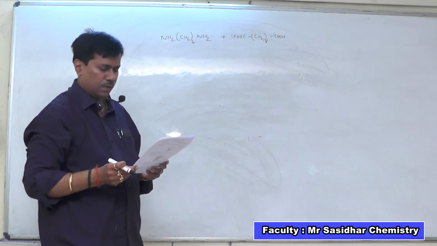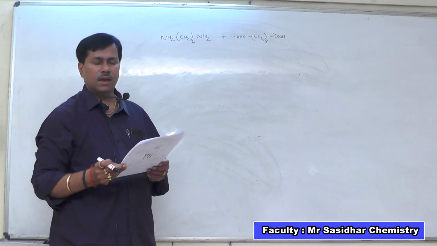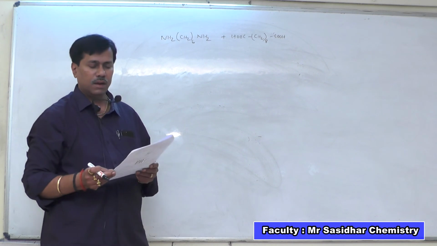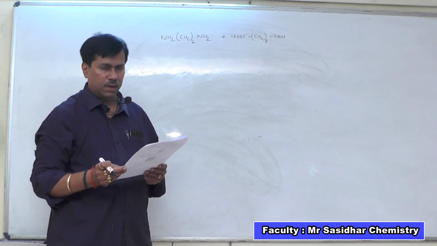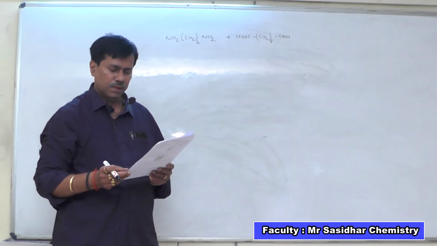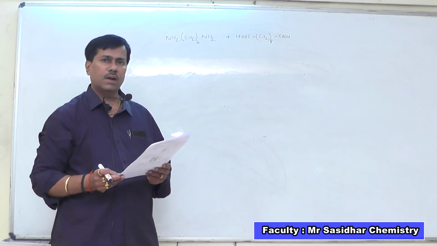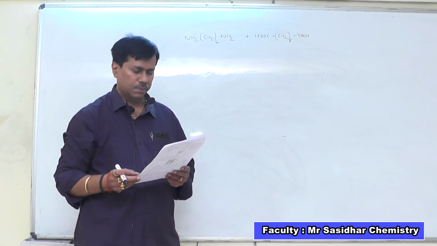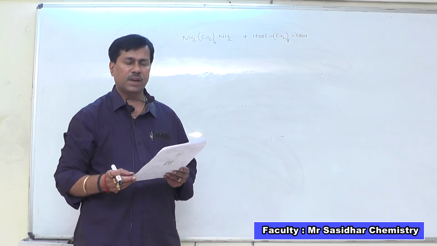So the monomers are hexamethylene diamine and decanedioic acid. So it is a condensation copolymer. So option 2 should be right.